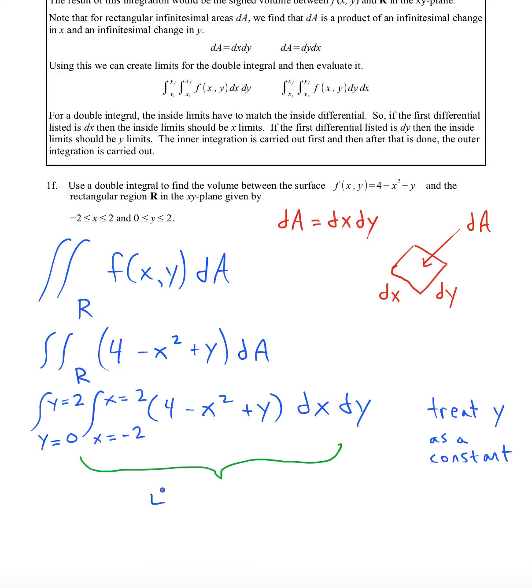So our antiderivative will be 4x minus x cubed over 3 plus yx. We want to come in and put our brackets around it and then move our limits to here and then bring down everything that remains. Now we'll plug in according to the fundamental theorem.